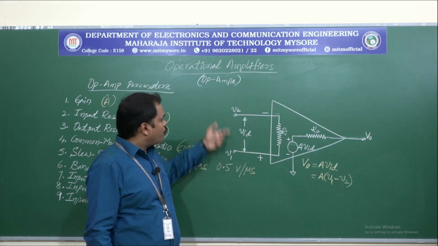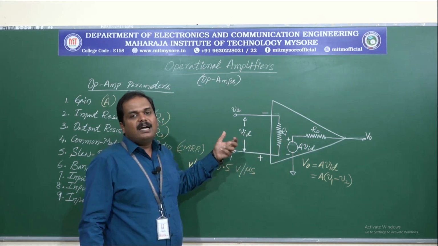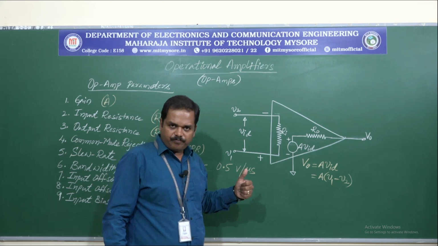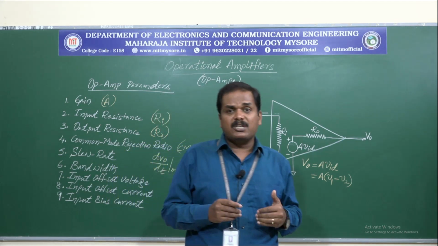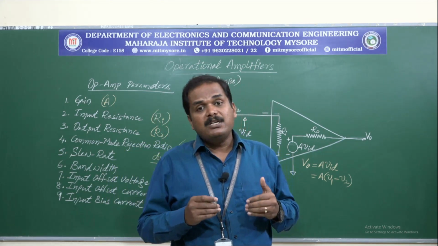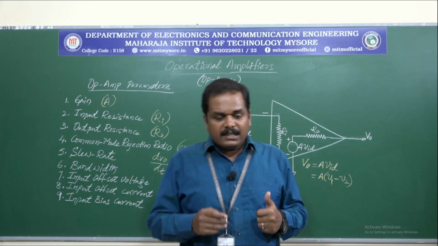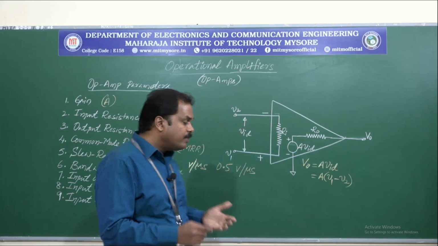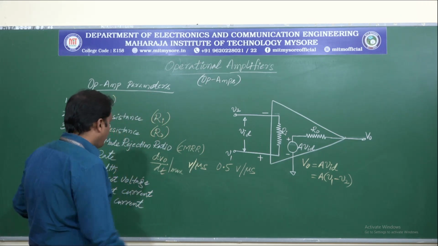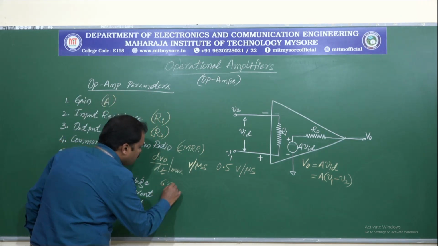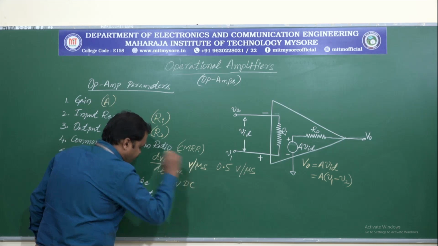This small voltage we apply is a DC voltage. This comes into picture when the op amp is working in common mode configuration, and the typical value of the input offset voltage is 6 millivolts DC.